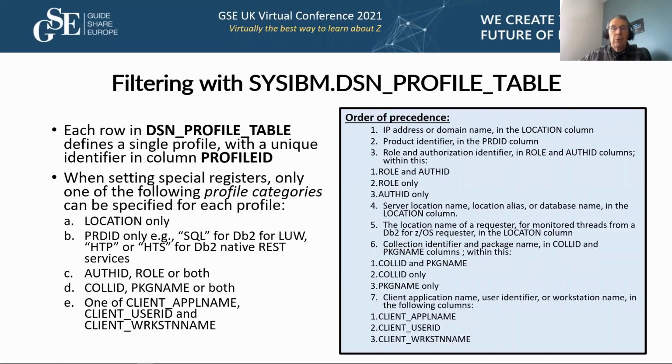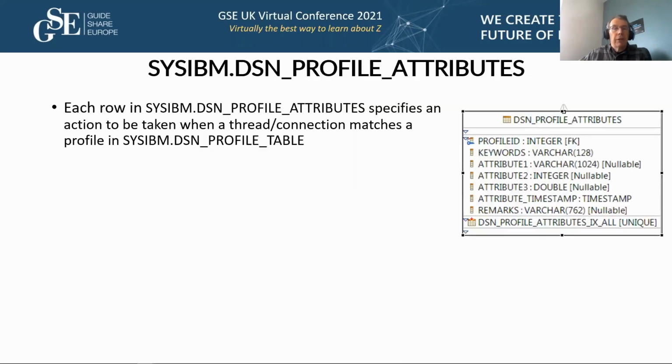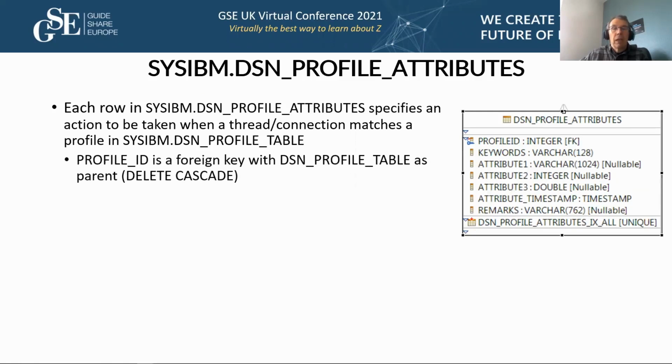So let's move on to DSN profile attributes. Now, each row in DSN profile attributes specifies an action that you want to take when a thread or connection matches a profile in SYSIBM.DSN_PROFILE_TABLE. And in this case, profile ID is a foreign key that matches on DSN profile.